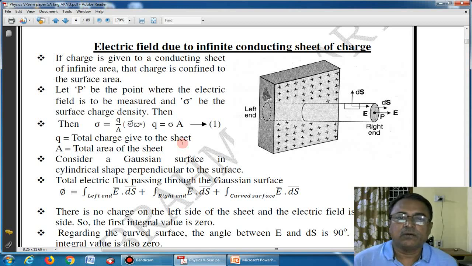So first we have to know these two fundamentals, and after that we will enter into the applications.